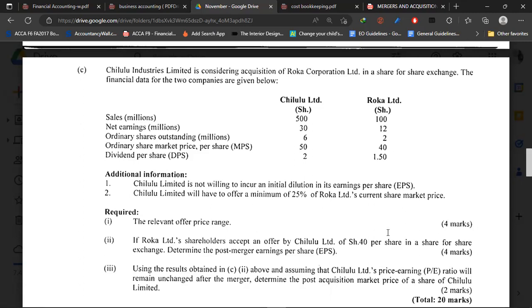In the illustration, under requirement part 2, we are told that Roca Limited shareholders accept an offer by Chilulu of 40. So how much is equivalent to that? Equivalent to that is 10 shillings, by the way. The minimum offer price is 10 shillings. So the offer price range should be between 10 shillings and the non-dilution offer price that I'm going to calculate for you. That is how the question is asked.